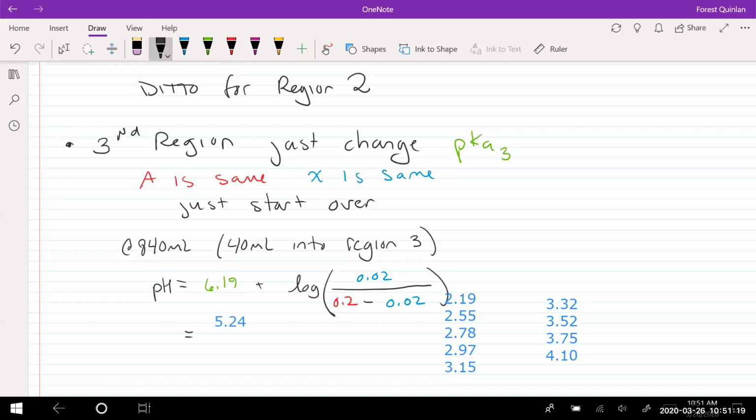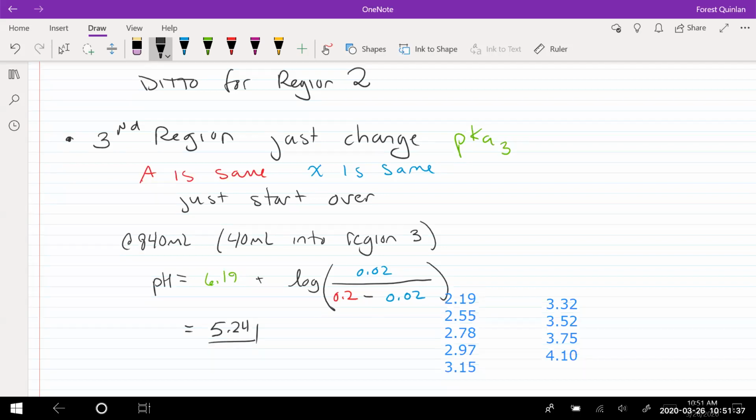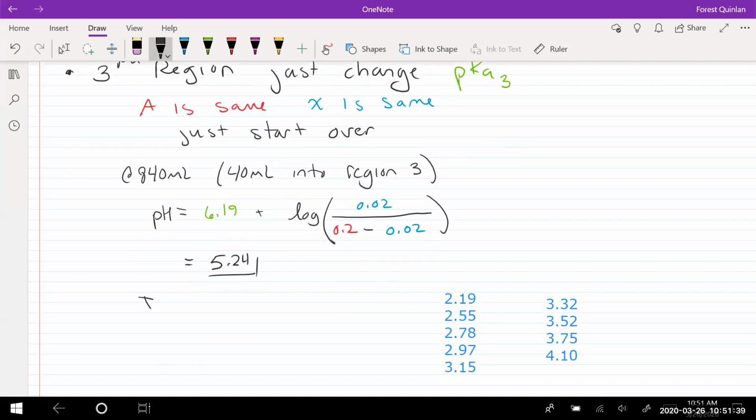Dallas will tell me that that number is probably a little less than 6, 5.24. That low? I guess so. Somebody double check them on that one. That seemed low, but there's a reason why we're doing it. And then ditto.